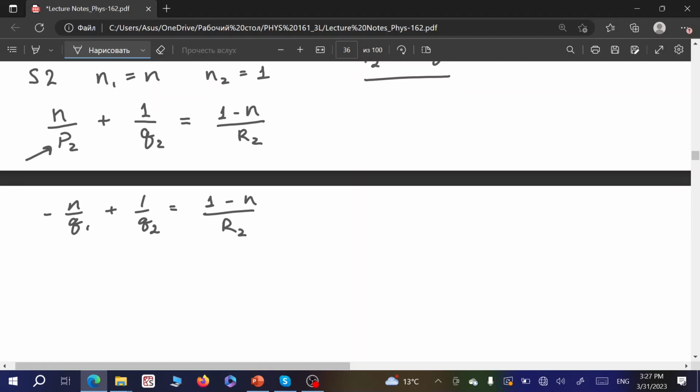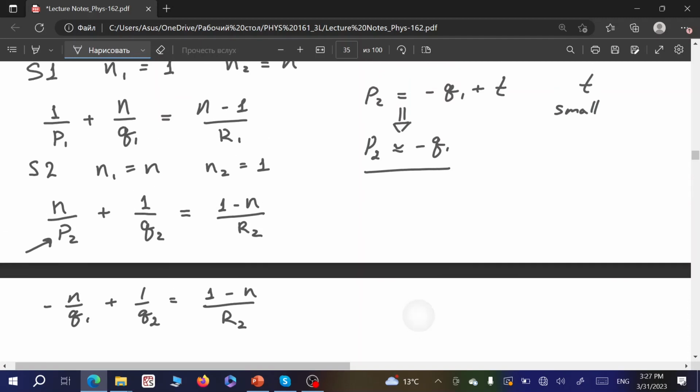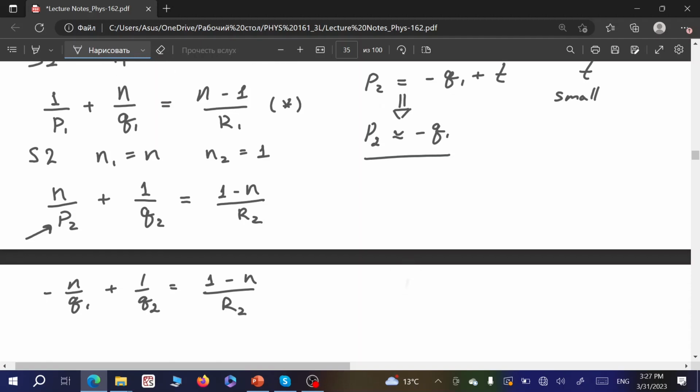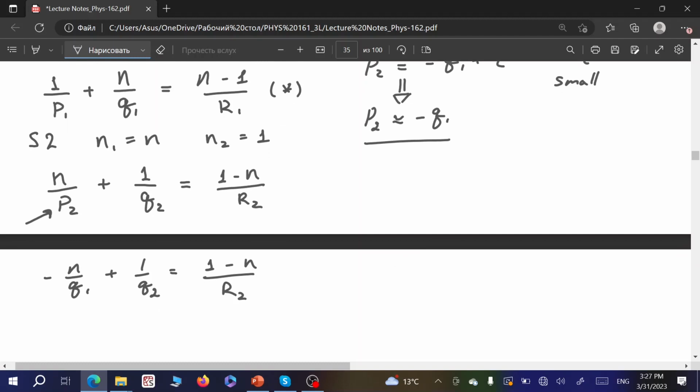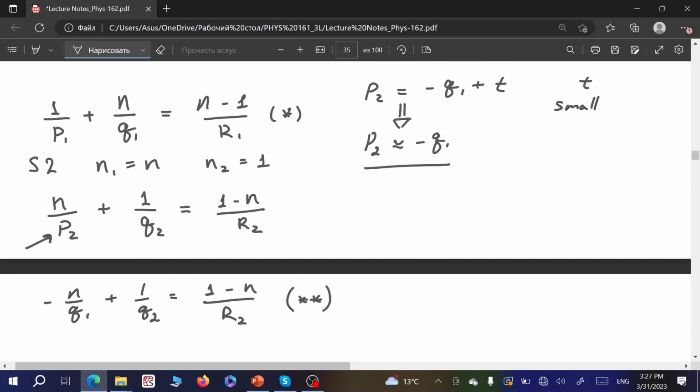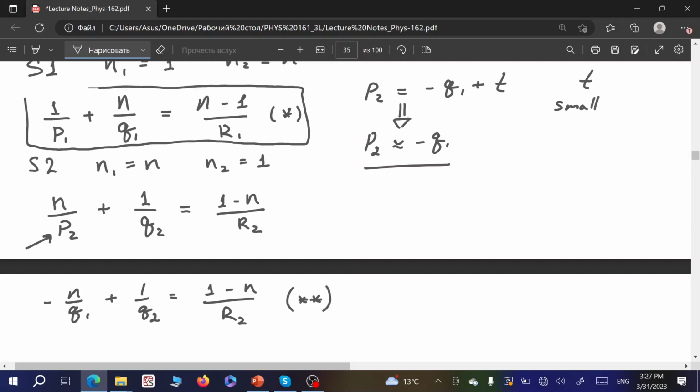So now what we do, we have the first equation, let's mark it as 1 star. Then we have the second equation, like 2 stars. So this is the equation for the first interface. This is the equation for the second interface.